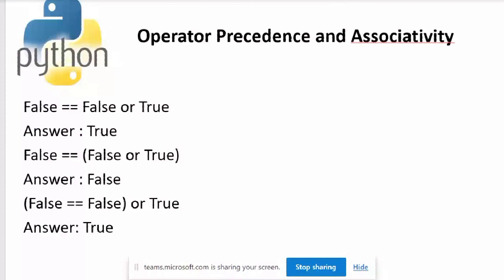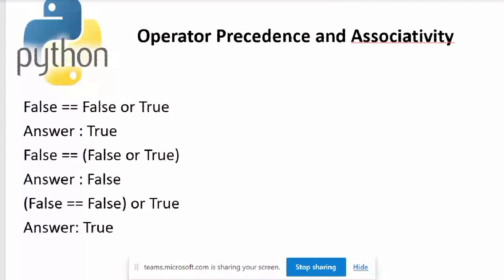Okay, and coming to the second example, how many operators are here actually, including parentheses? There are 3, right? Yeah. So since we got that parenthesis over that or operator, now the high priority goes to which one? Parenthesis.